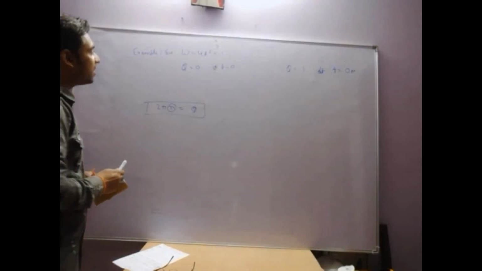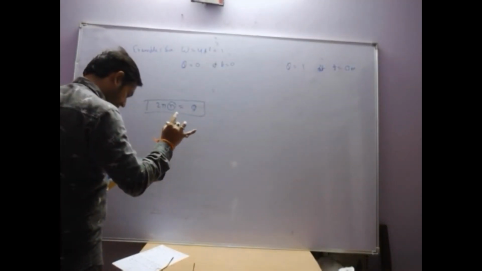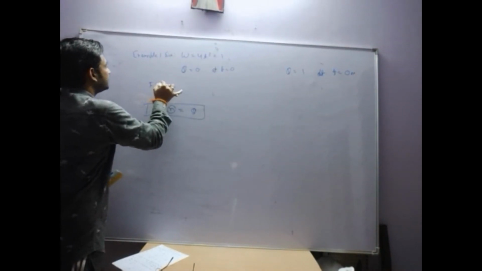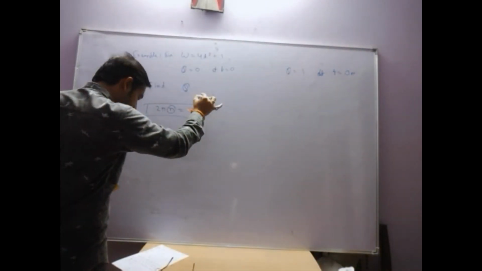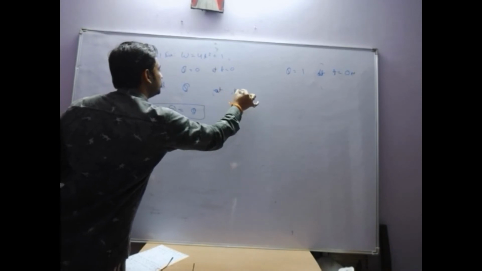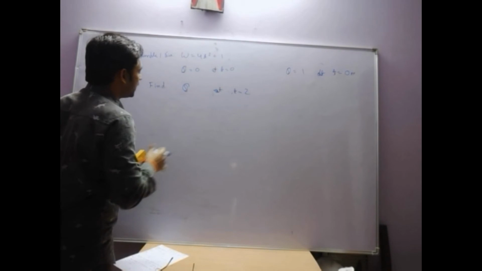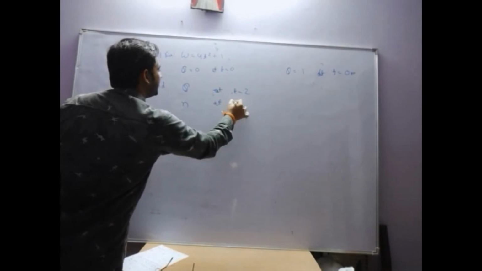So what do we have to calculate? We have to find the angular displacement at time t equal to 2 seconds, and calculate the number of revolutions it takes at t equal to 2 seconds.